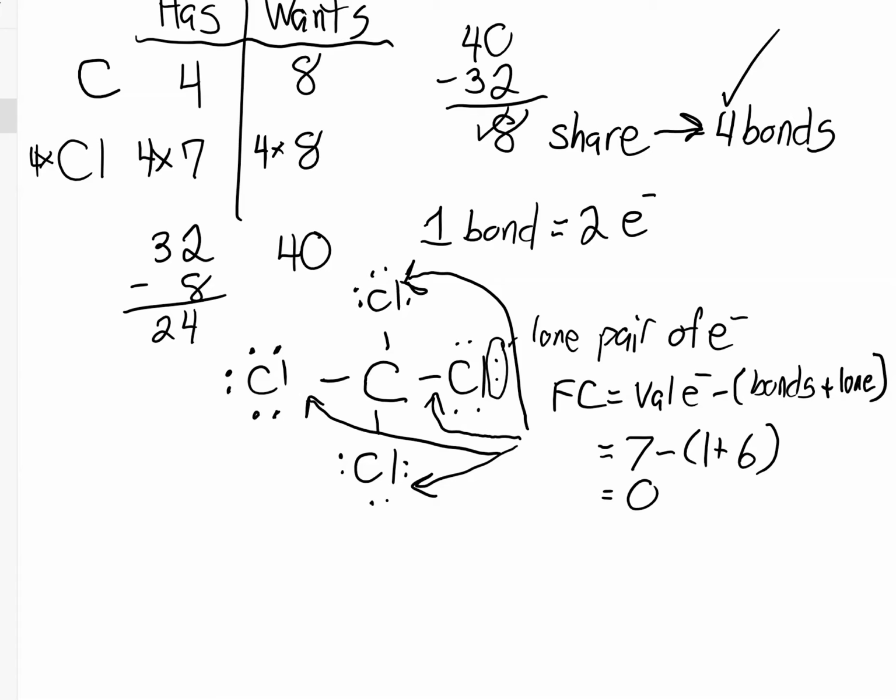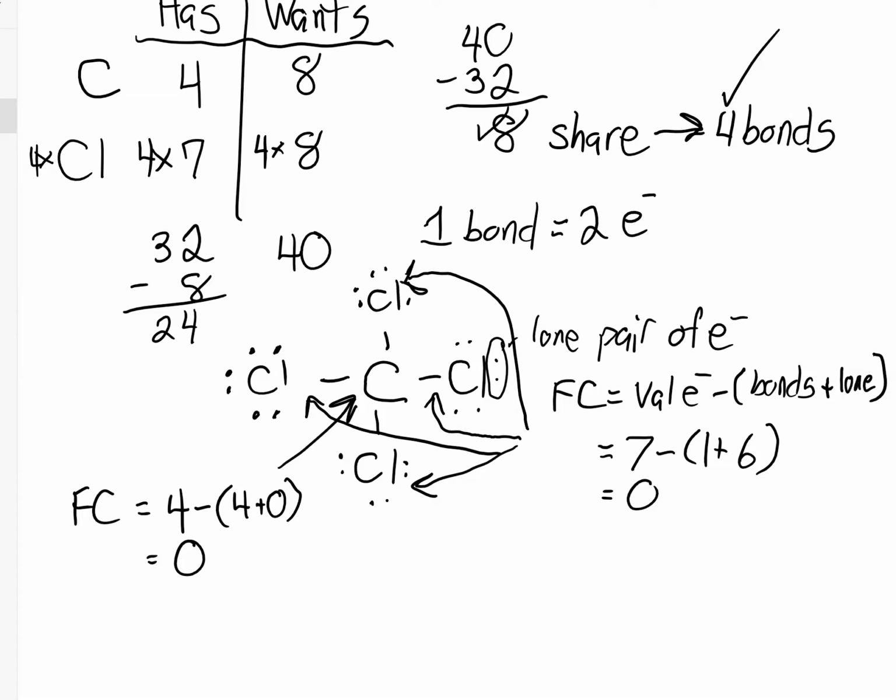Now, let's go ahead and check our carbon. The formal charge of carbon is equal to 4 valence electrons normally, minus the number of bonds, 4, plus the number of lone pairs, 0, which is equal to 0. So the formal charge on carbon is also 0. So everything has a formal charge of 0.